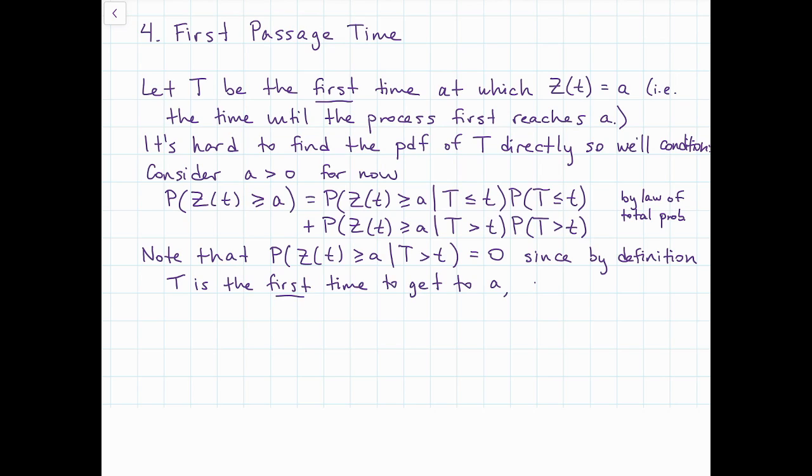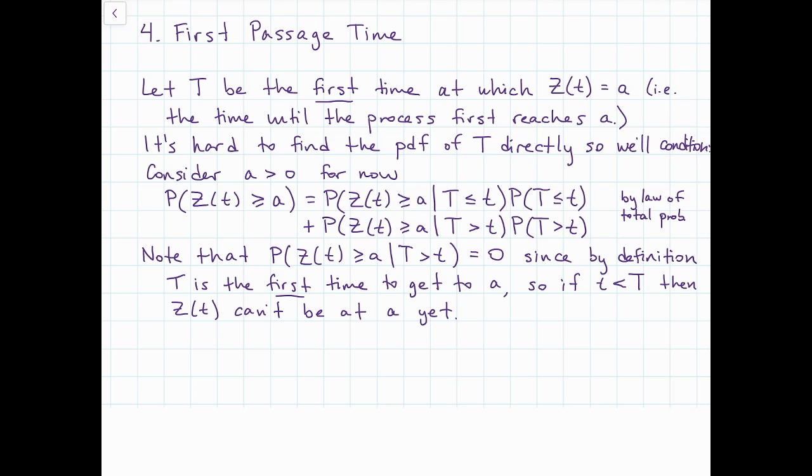So if little t is less than big T, which is what we have here, then z of t cannot possibly have gotten up to a value of a yet, because if it had, then capital T would not be defined properly anymore. So again, think about that just for a second. It takes a little bit to wrap your head around it. Capital T, by definition, is the first time we get to a. So we can't possibly be at a or bigger than it before that time. So this conditional probability must be equal to 0.